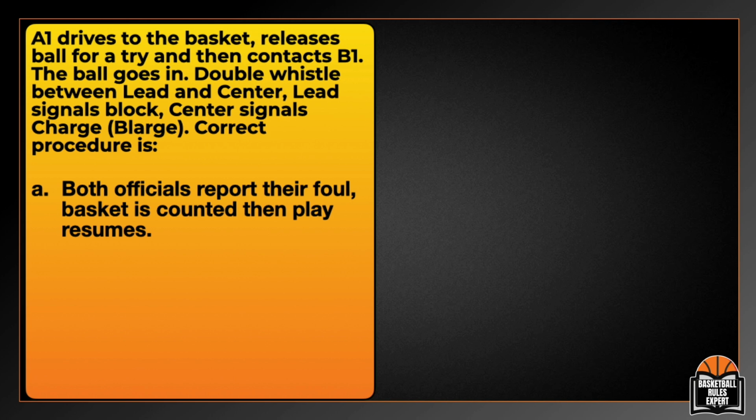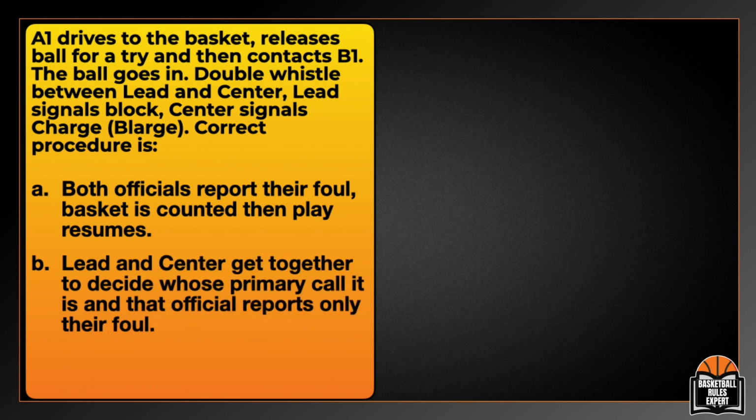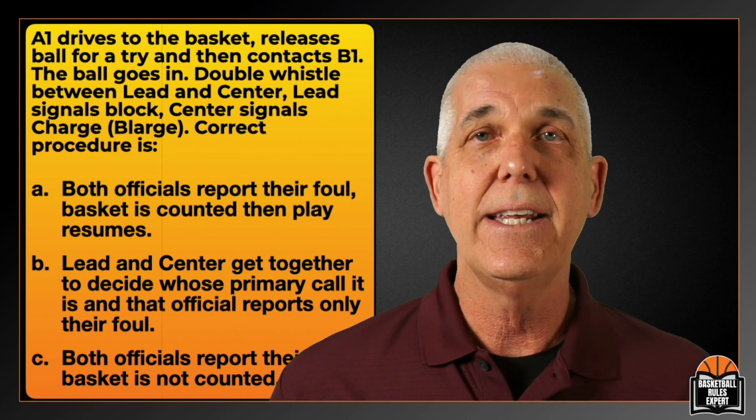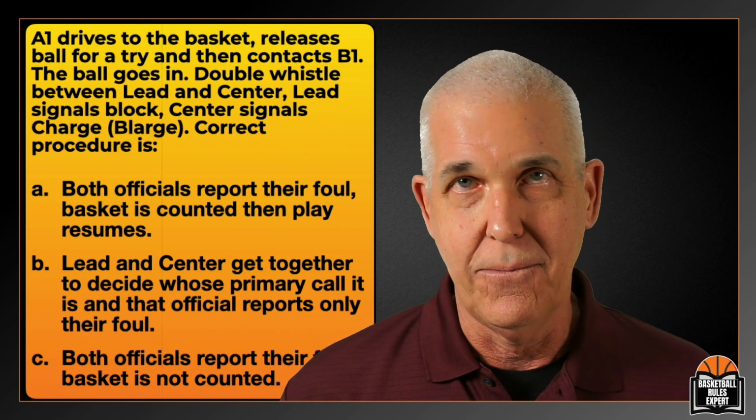Then play resumes. B, lead and center get together to decide whose primary call it is, and that official reports only their foul. Or C, both officials report their foul. Basket is not counted. The dreaded blarge scenario, right?